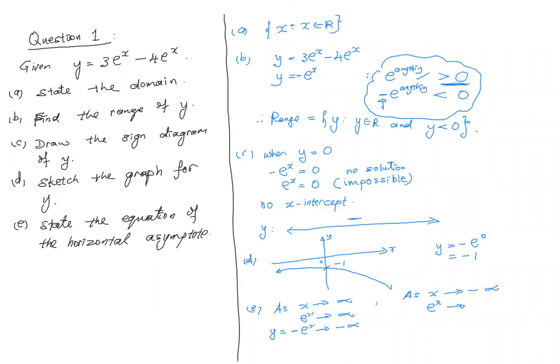You are right, because e to the power negative infinity is 1 over e to the power infinity, so it approaches 0. So my y, which is negative e to the power x, also approaches 0, but you see from here to here, we say from below.